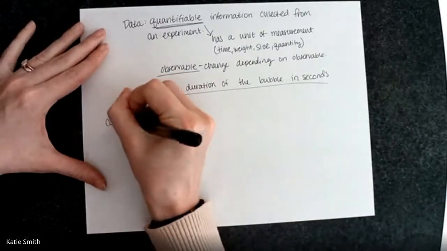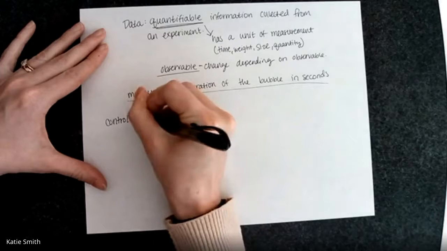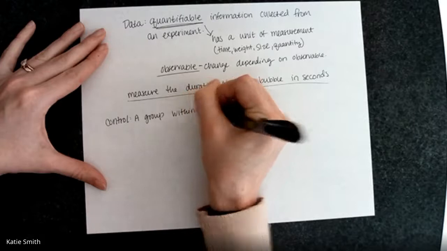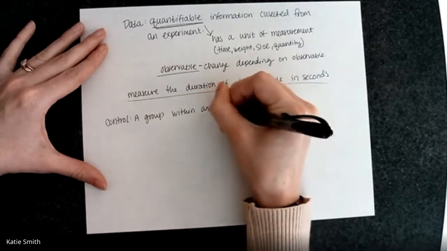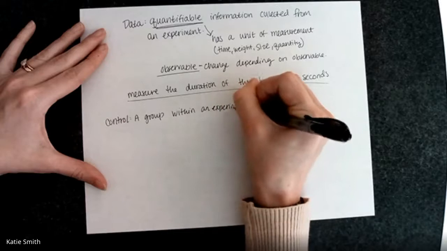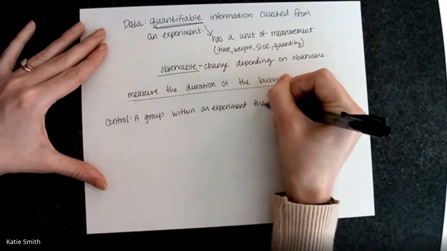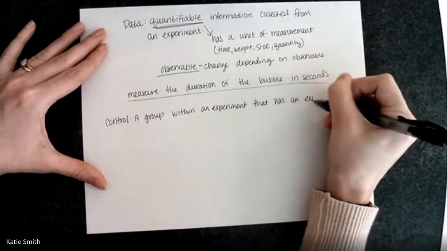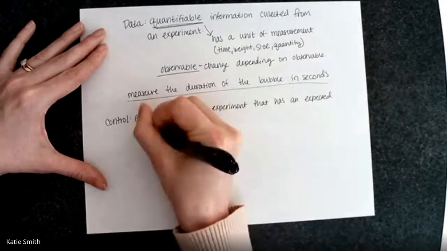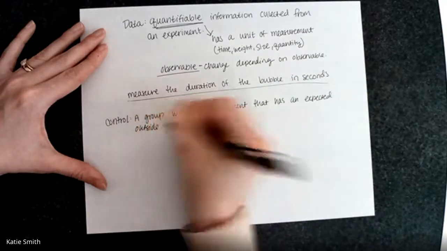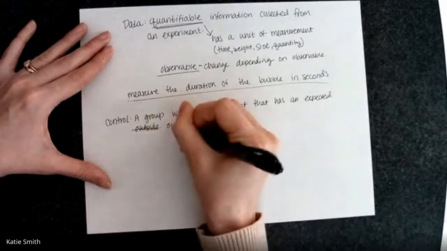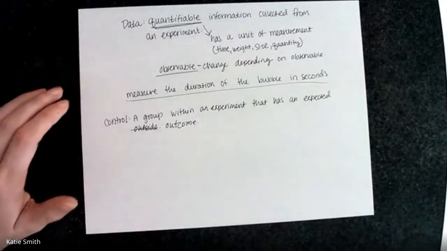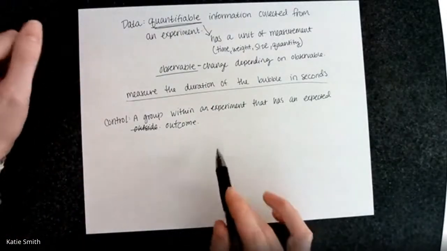So if you've ever heard of a control, that is a group within an experiment that has an expected outcome. So all this means is it's something that you can compare all your results to.